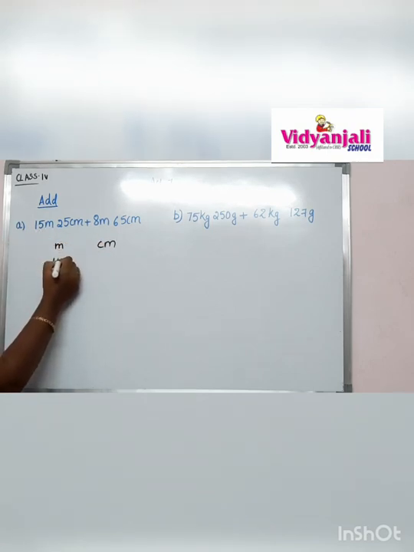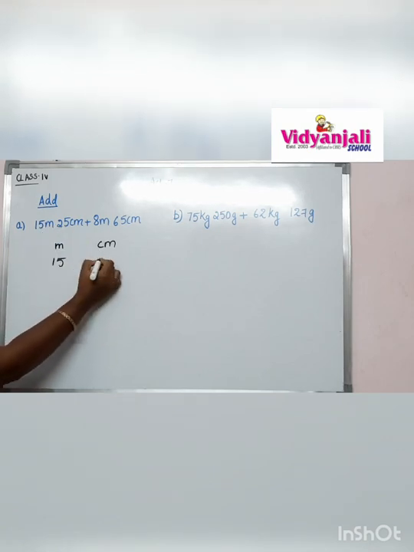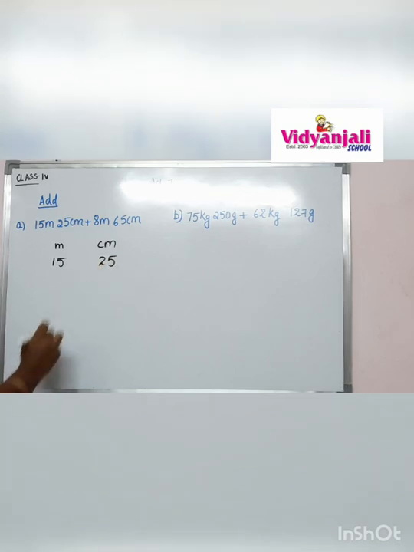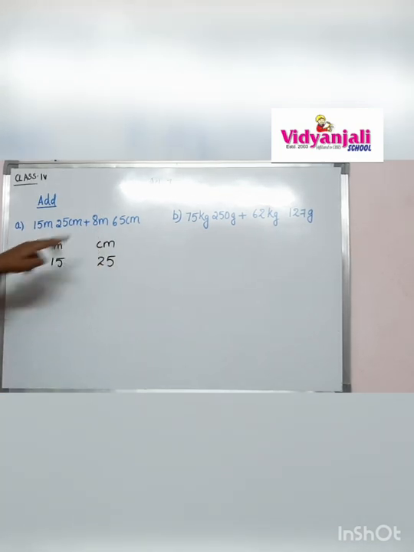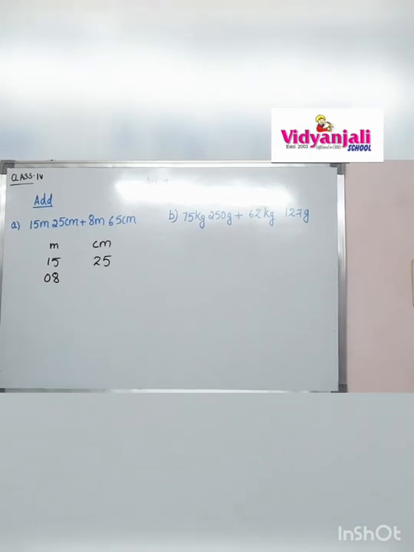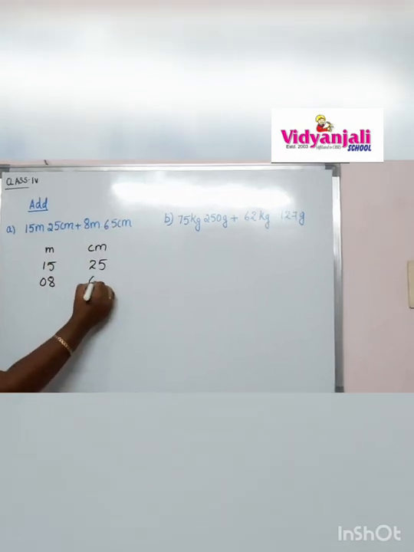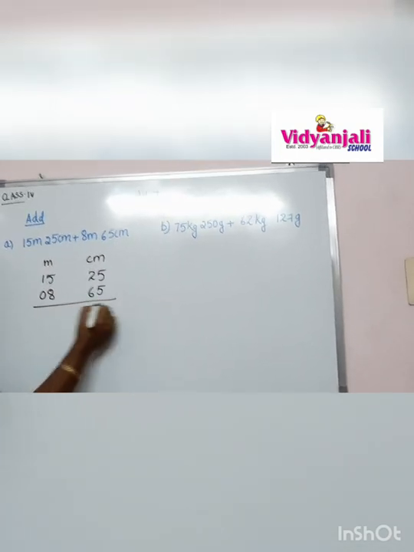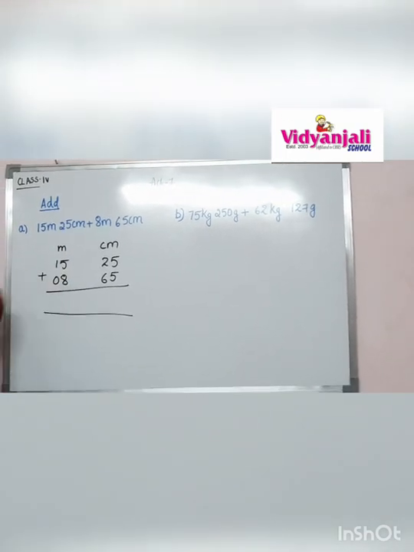Below meters you write 15, and below centimeters 25. Again, 8 meters means 08 you have to write, and 65 centimeters.